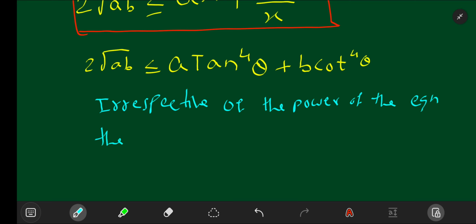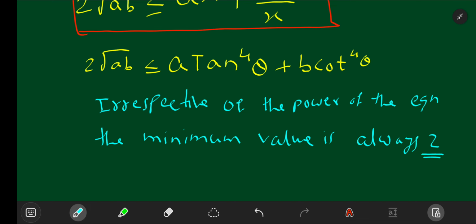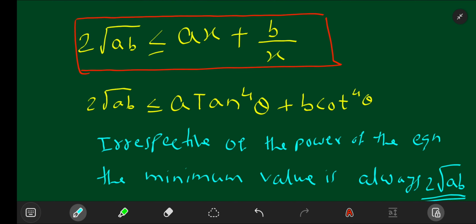The given equation, the minimum value is always, sorry, not 2, 2 root ab, 2 root ab. Okay, whatever the power is, don't consider the power.